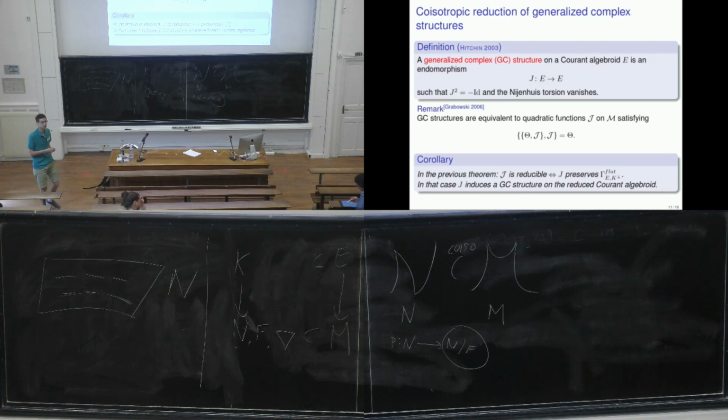Yeah? So I just want to make a remark. The remark in the middle only holds in the exact case. So you're saying Grabowski's characterization only holds in the exact case? I think he even said that. Okay. In principle, you can have theta to be 0. That's an admissible Courant function. And then every quadratic J is satisfied.